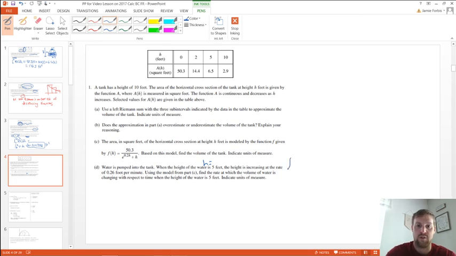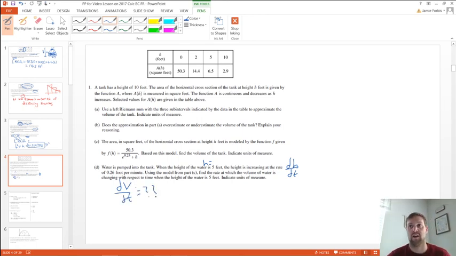So that value is dh over dt. It's telling you the rate at which the height is changing. So let's make note of that. So using the model from part C, find the rate at which the volume of the water is changing with respect to time when the height is 5 and indicate units of measurement. So what it wants us to find is dV over dt.